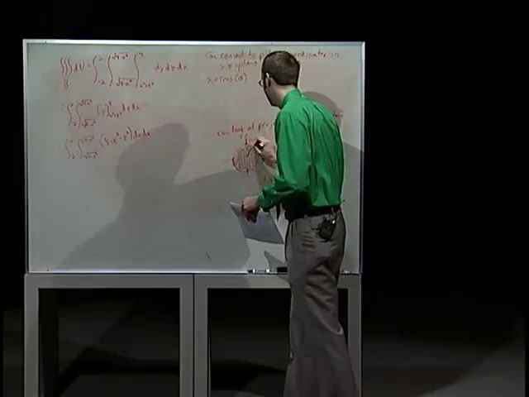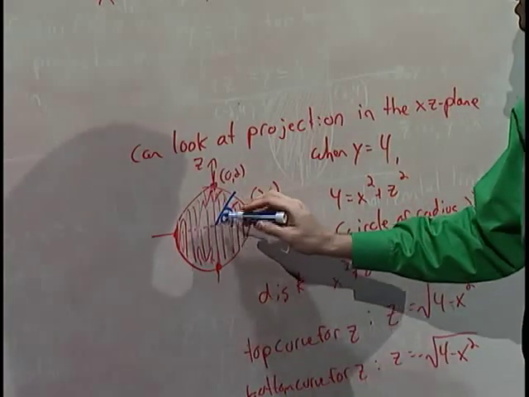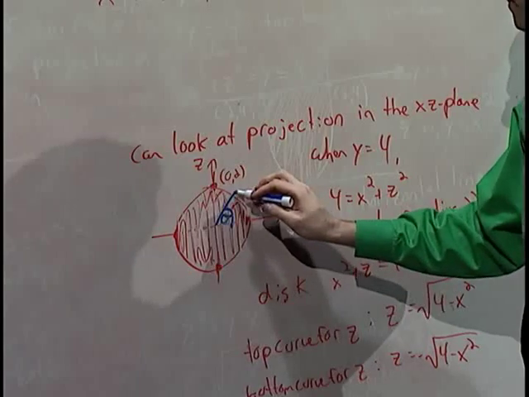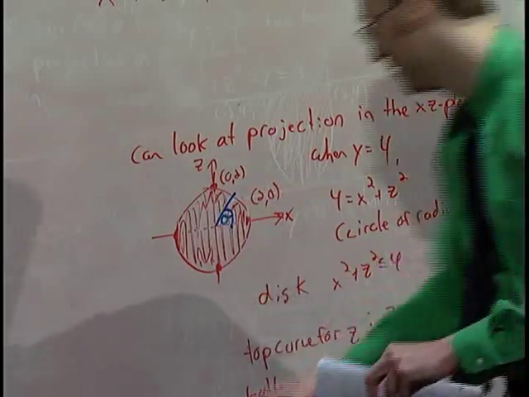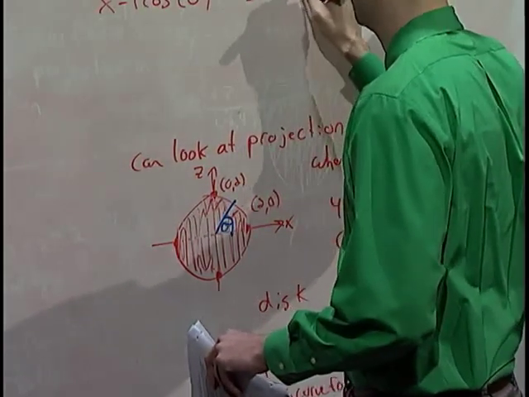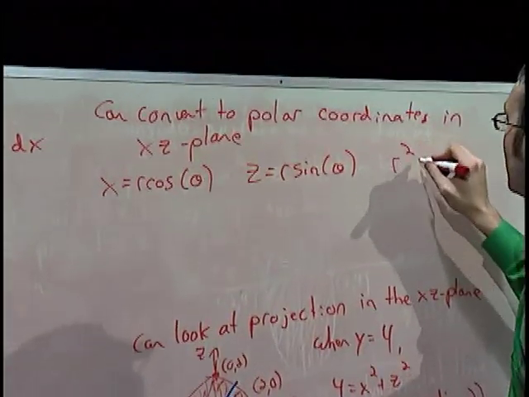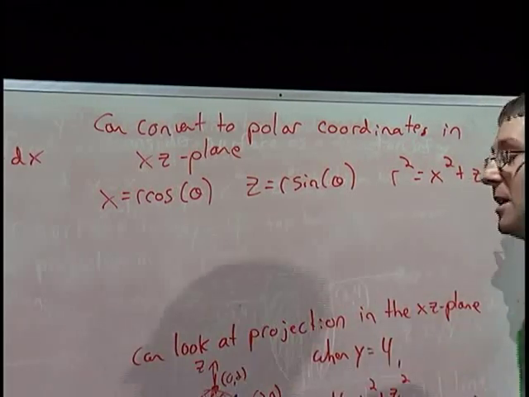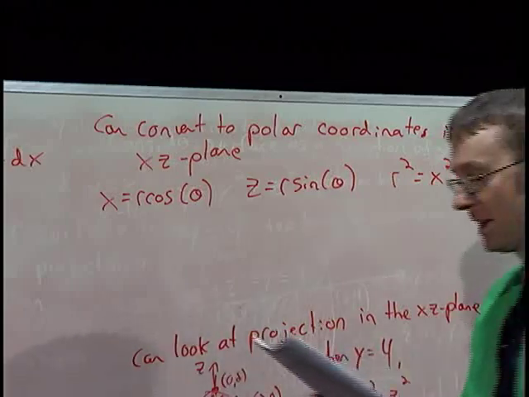So any angle theta, x will be the length times the cosine, z will be the length times the sine. So now, rather than y equals r sine theta, we have z equals r sine theta, and we have r squared equals x squared plus z squared. So there's nothing to be uncomfortable about here. We're just in the xz plane, not the xy plane.